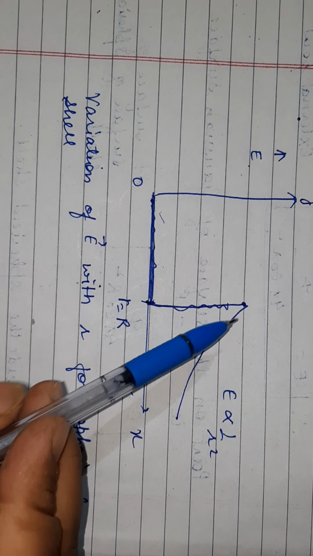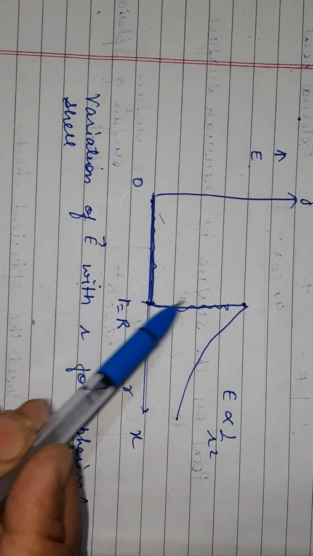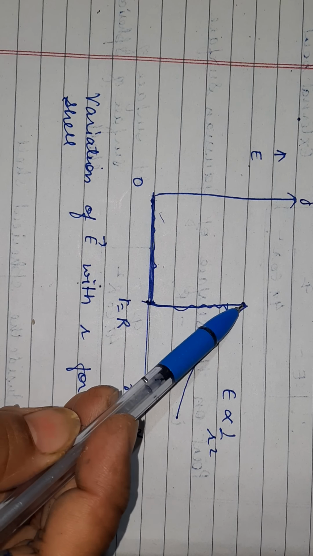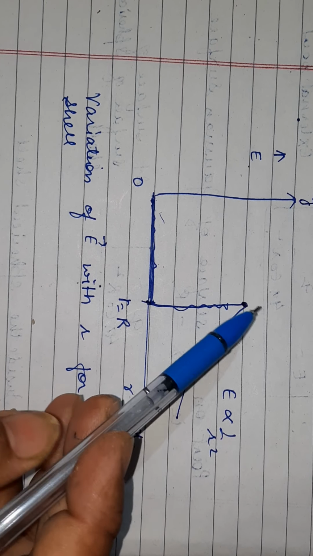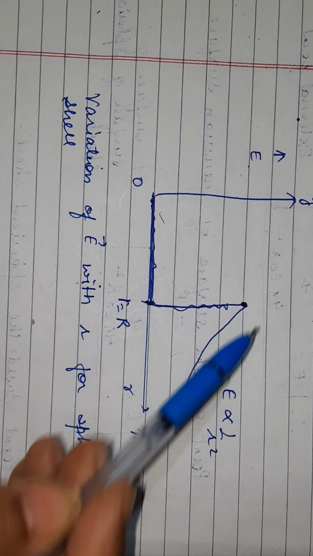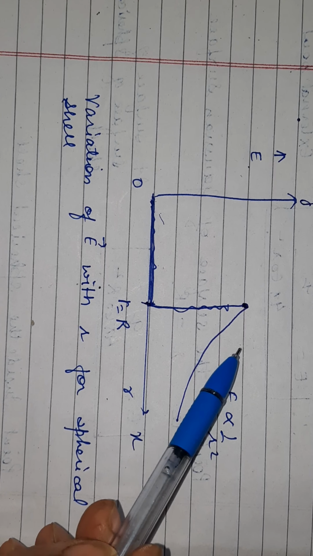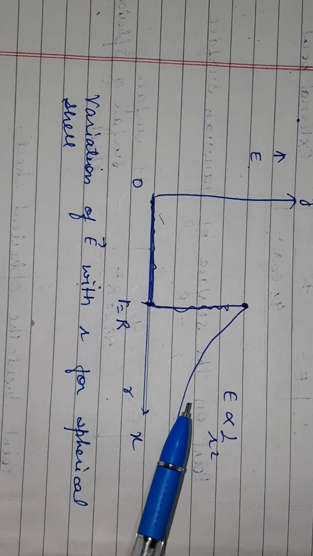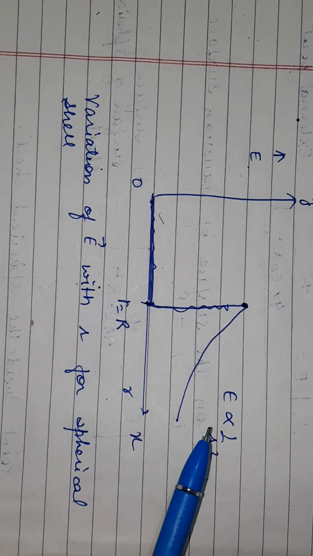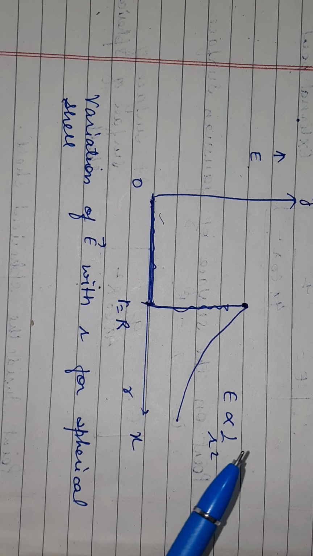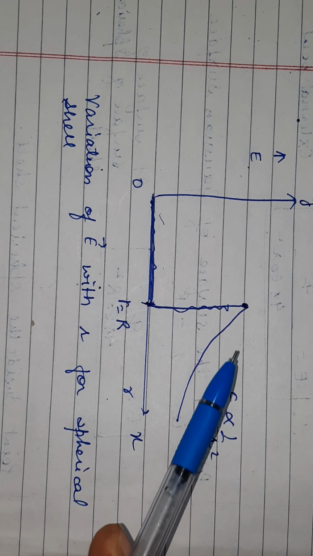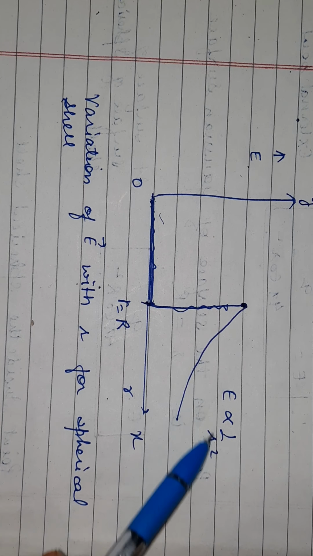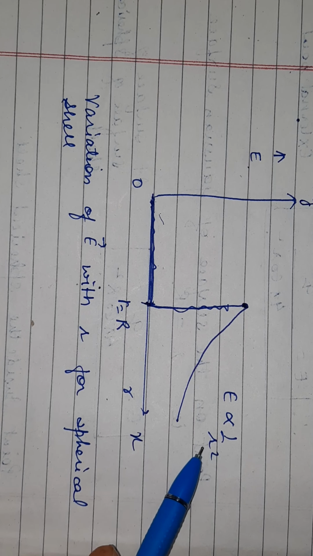At a point which lies on the spherical shell, r becomes equal to capital R, and for any point greater than capital R, meaning the point is lying outside the surface of the spherical shell, the electric field varies as 1 upon r square.